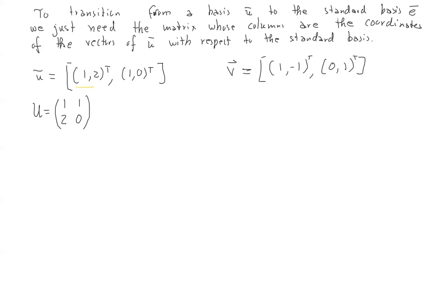I just took the coordinates of these vectors and set them as columns, right? This transitions us from U to the standard basis.